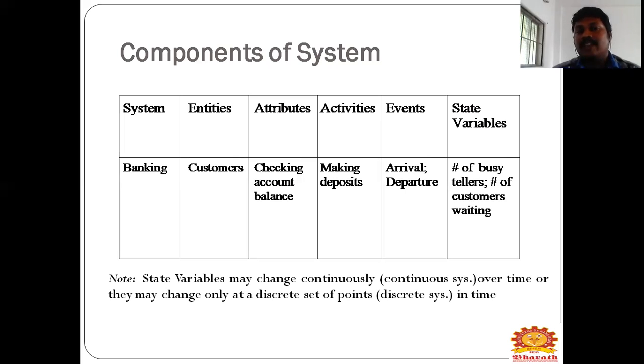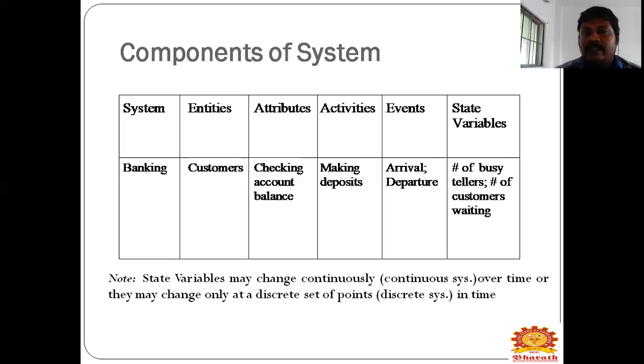That is activity. Next one is what are the events that occur in a bank? The events are customer arrival and departure. State variable. What is the state variable? The number of busy tellers and the number of customers waiting in a queue come under the state of the system.